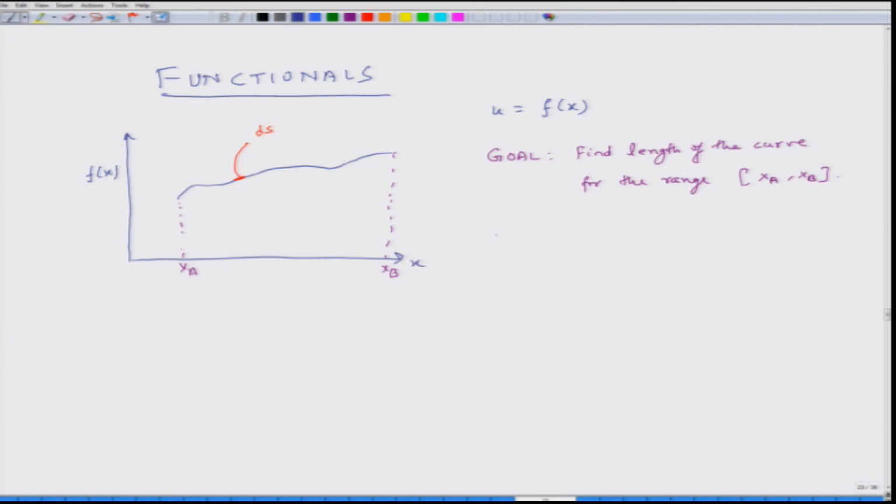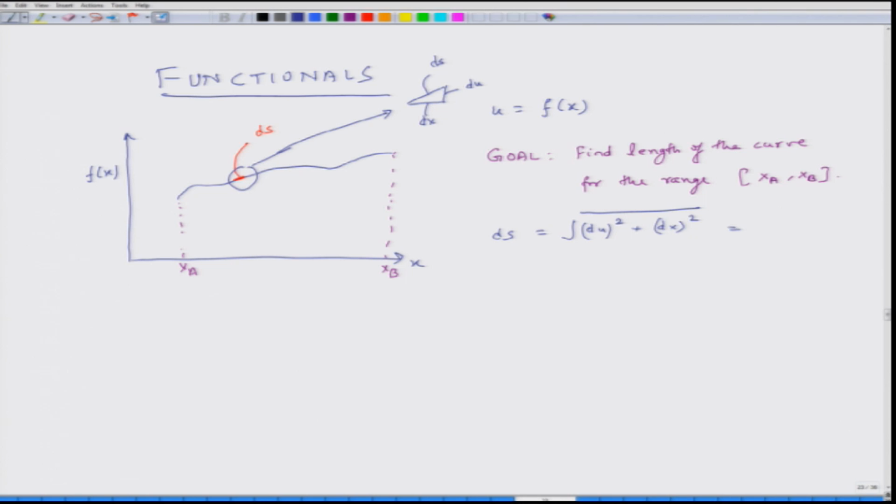Then I can write down that ds equals, if I zoom in on this, it will be something like this. This is ds, this is the change in y, so it is du, and this is the change in x, dx. So ds is equal to the square root of du whole square plus dx whole square.